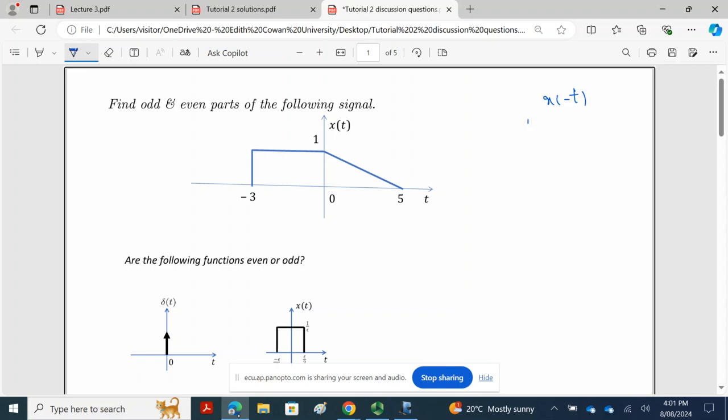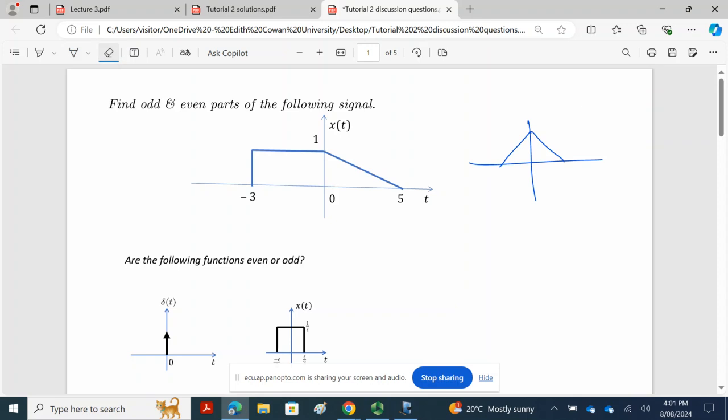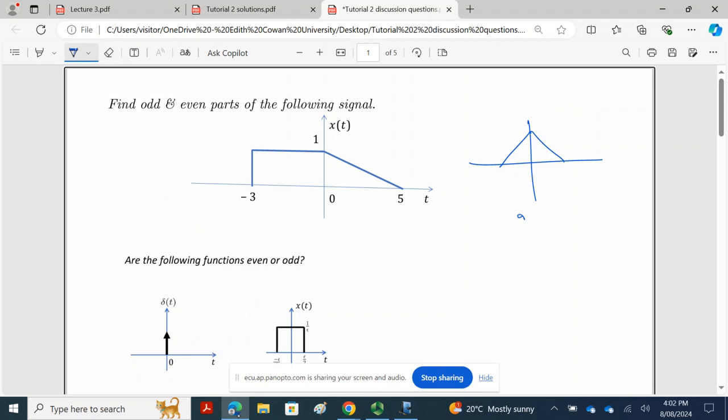For example, I'm giving you this signal, and I ask, is this even or odd? So you form x(-t). If that's x(t), x(-t) will be the same, because it's flipped. So you say, okay, x(t) is equal to x(-t), this is even.